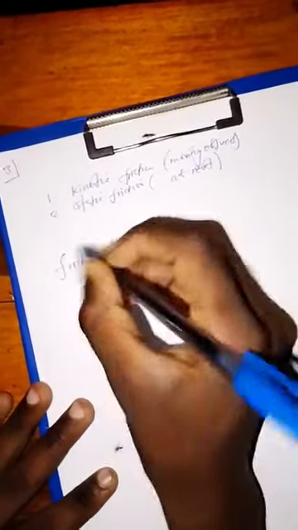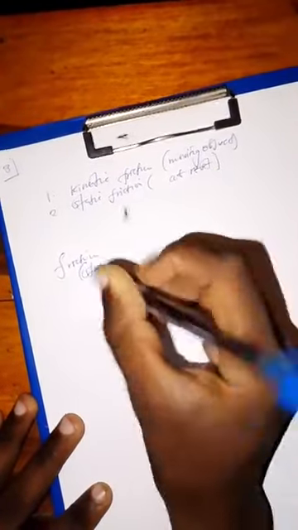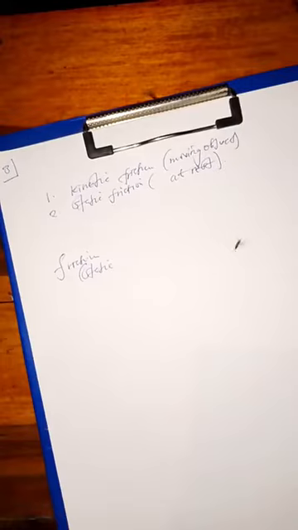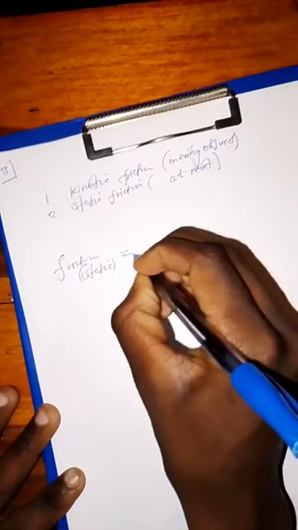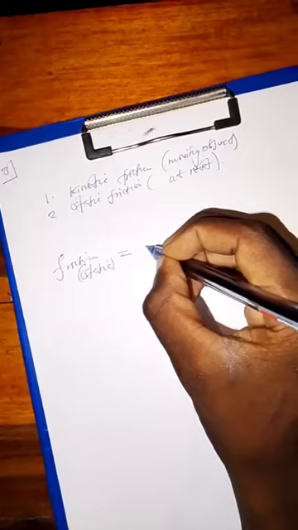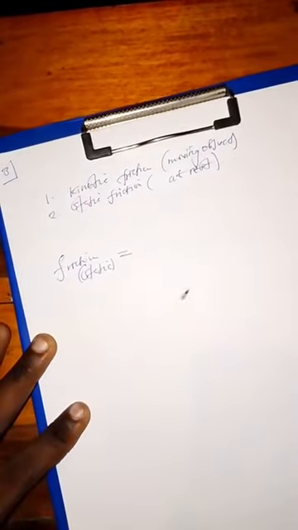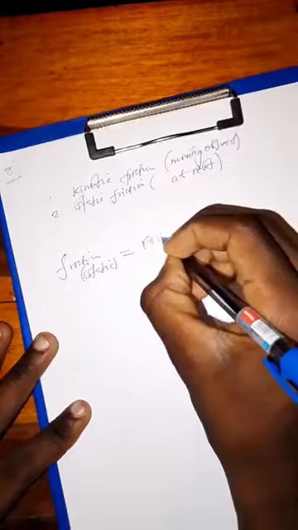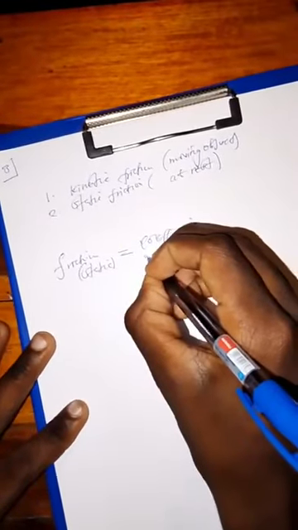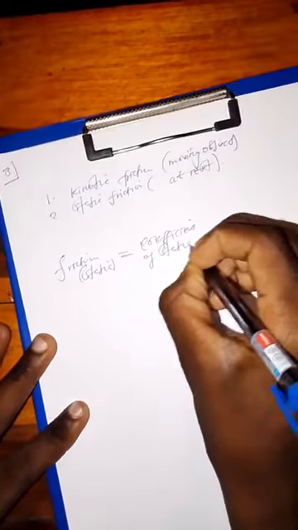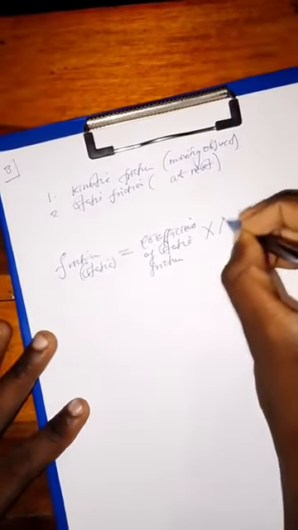Let's say we are talking about static friction. Static friction should be equal to the coefficient of static friction times the normal.